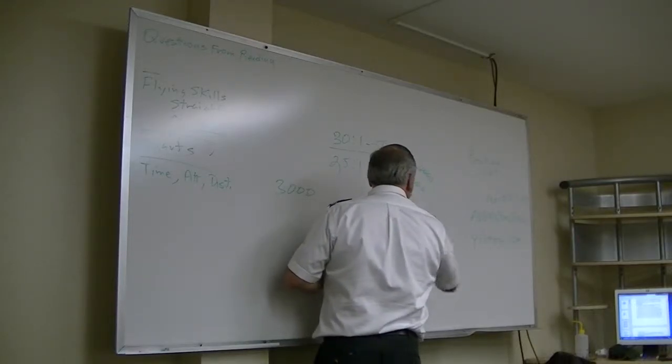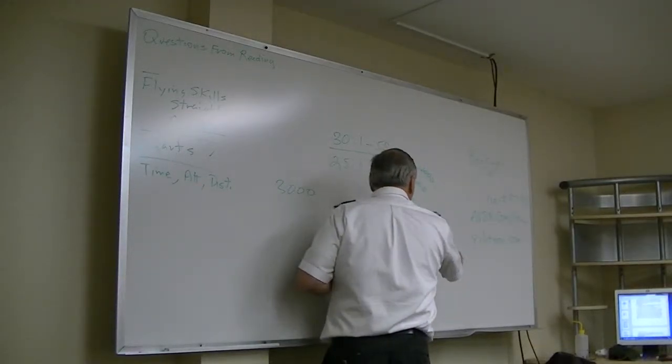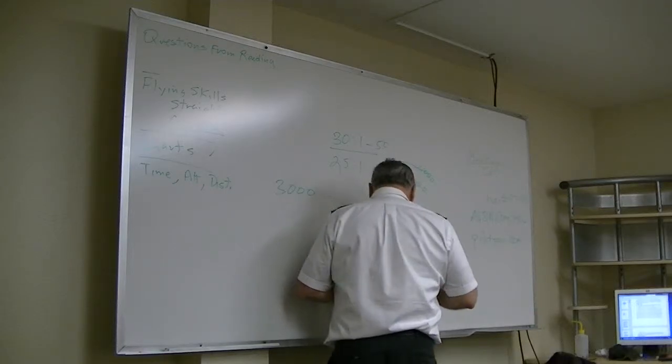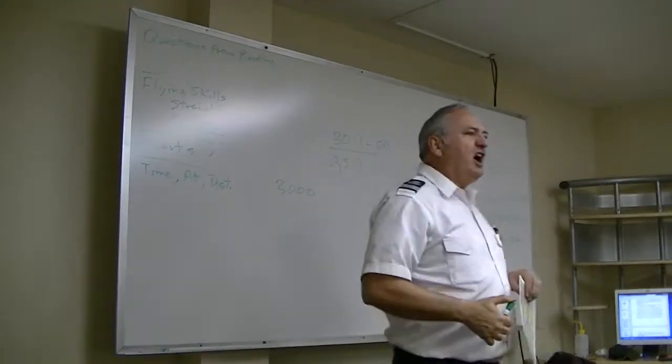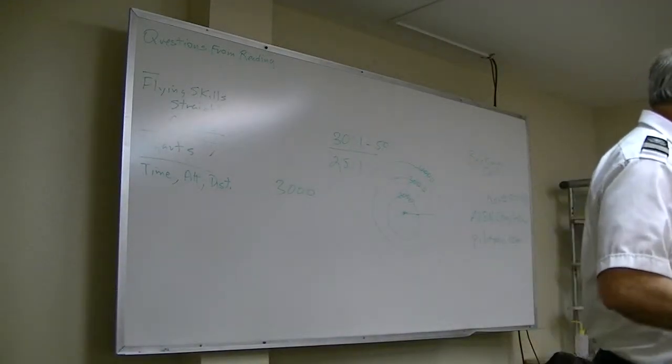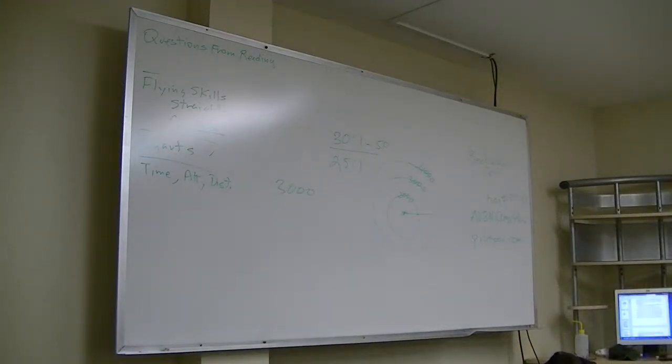So from here to here ought to be 5 nautical miles. From here to here ought to be 5 nautical miles. Now what you are going to be utterly surprised at is how far away you can be at 3,000 feet and make it back to the field with a safety buffer, in anything but a 126.